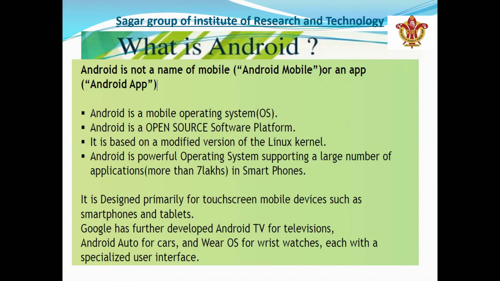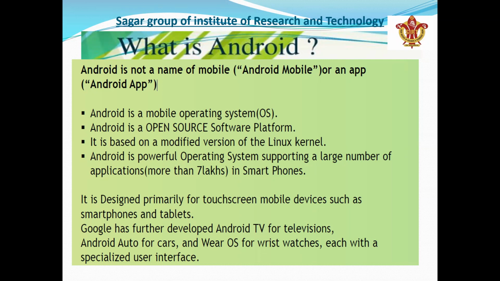In the second point, we can say Android is an open source software platform. And here we are seeing the open source word. Open source means when a source code is reusable by any person, any company, and it can be reused again and again, then it is called open source software platform.